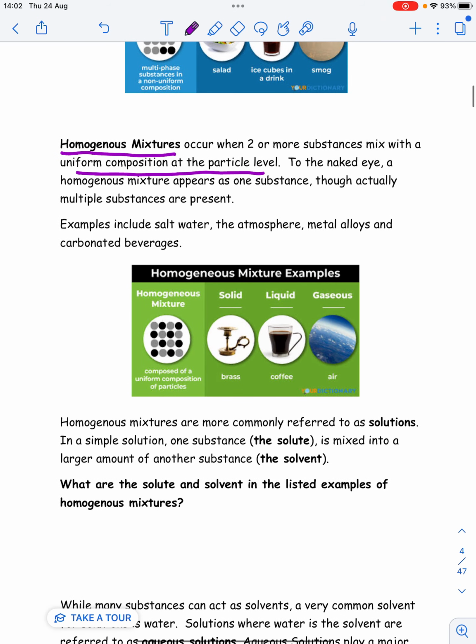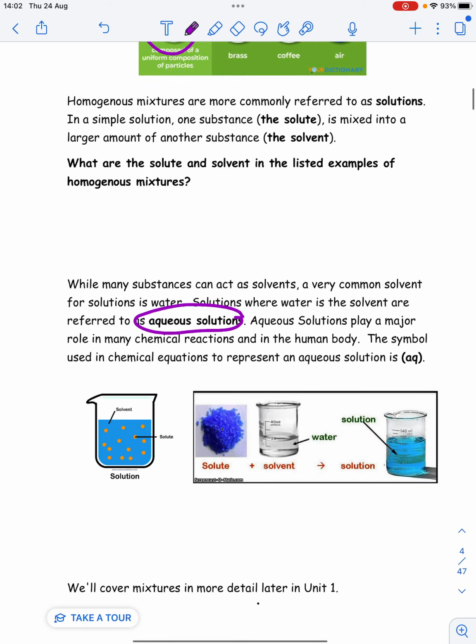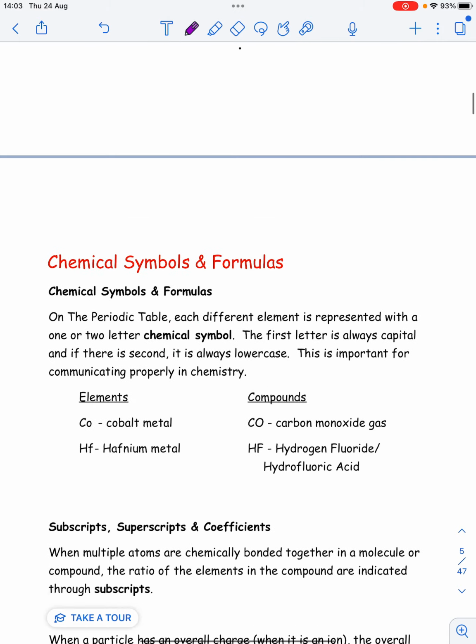So everything is mixed nice and evenly. We mostly deal with homogeneous mixtures in the form of solutions, so things that have been mixed into water, so they are aqueous solutions. And we say we mix a solute into a solvent, and that's how we get a solution. More on those later.